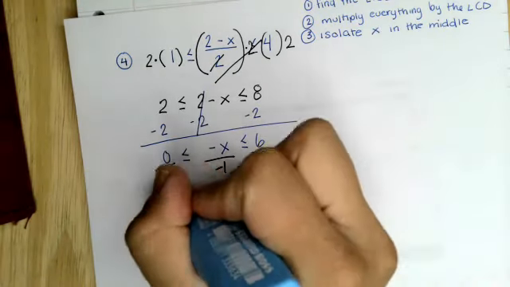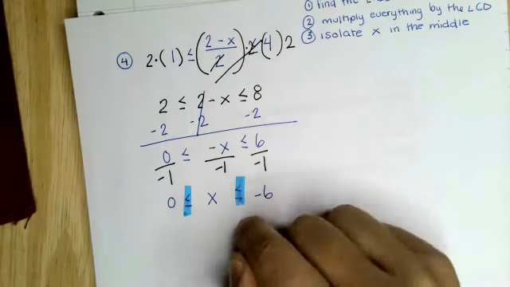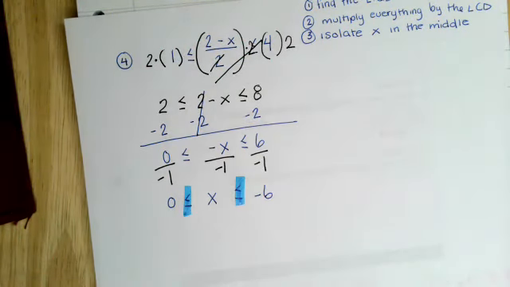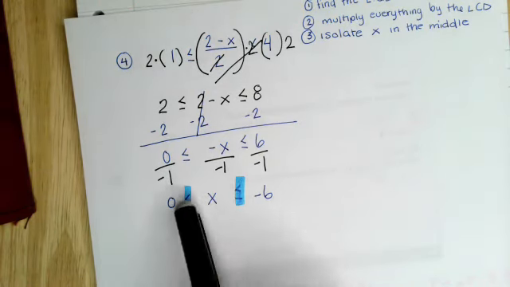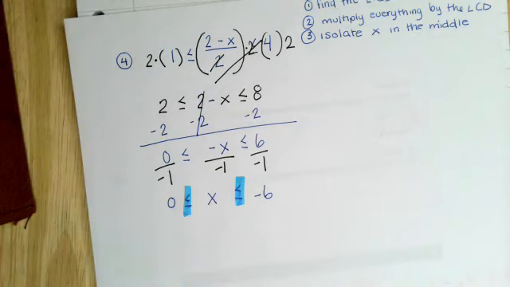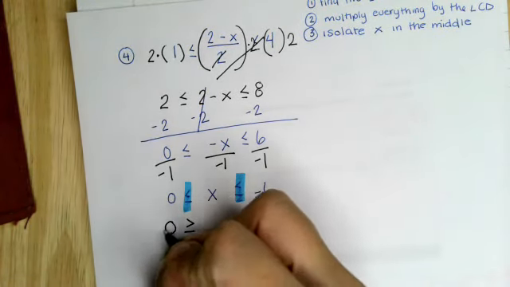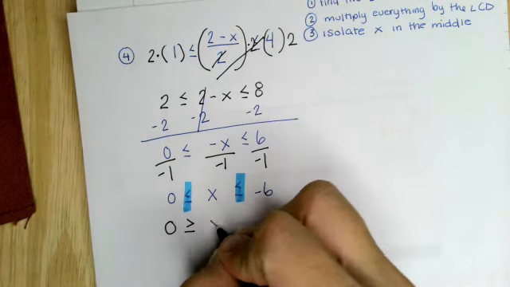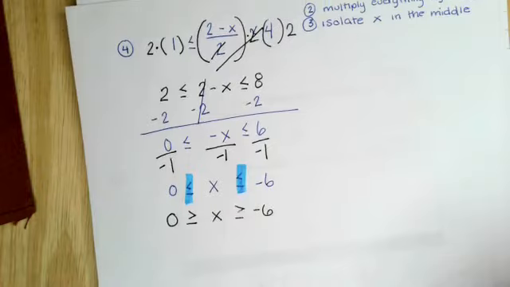So that means I need to switch my signs, right? When I divide by a negative, I switch my signs. And because we've only ever seen the less than sign with the x in the middle, we have to remember that now it says 0 is greater than or equal to x, and x is greater than or equal to negative 6. Okay?